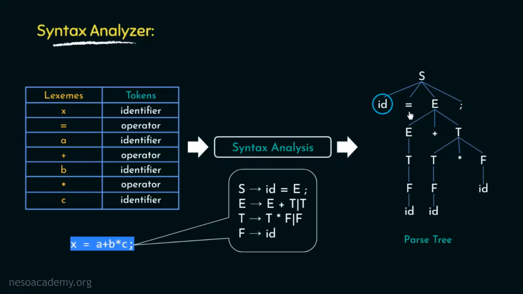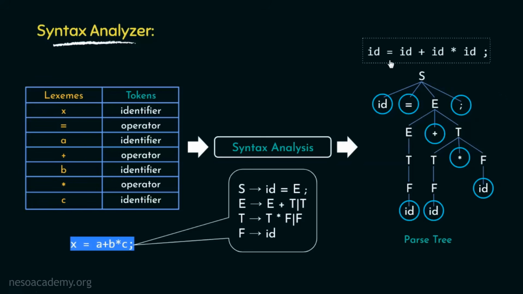So the next one is this equals operator, next this id, thereafter this plus operator, then this id, then this multiplication operator, after that this id, and finally this semicolon. Therefore, the yield of the parse tree would be id equals id plus id into id semicolon.